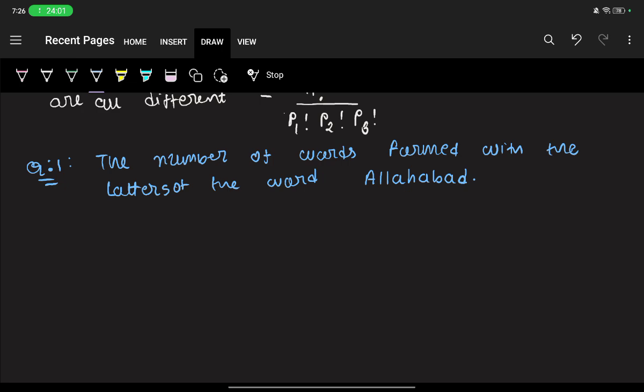The number of words formed with the letters of the word Allahabad.